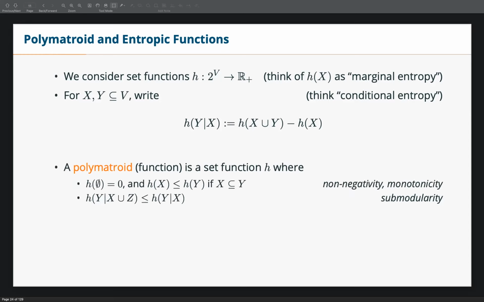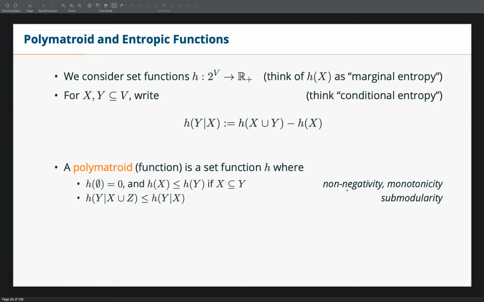And then a polymatroid is one of those set functions in which the following holds. The degree of uncertainty on the empty set is 0. There's no uncertainty when there's nothing. And then the more variables you have, the more uncertain you'll be, so h of x is less than h of y if x is a subset of y. More variables mean more uncertainty.